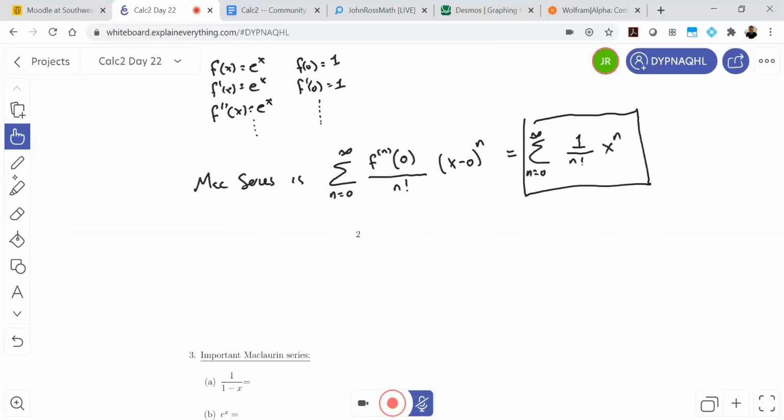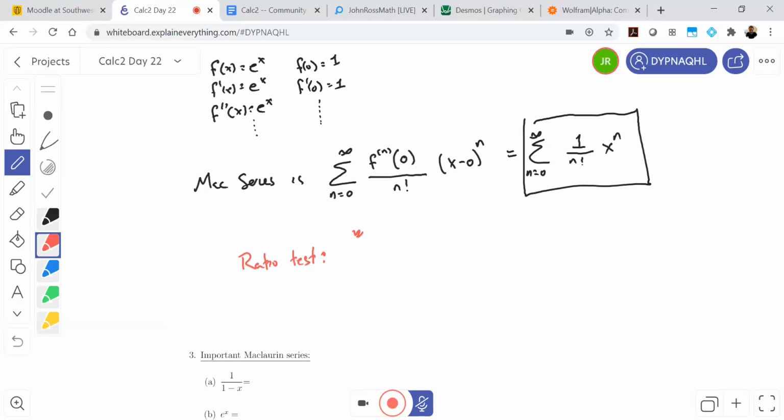If we compute this, our ratio test for the radius of convergence would suggest that we want to see where this converges. We take the limit as n goes to infinity of our n plus 1th term divided by our nth term.